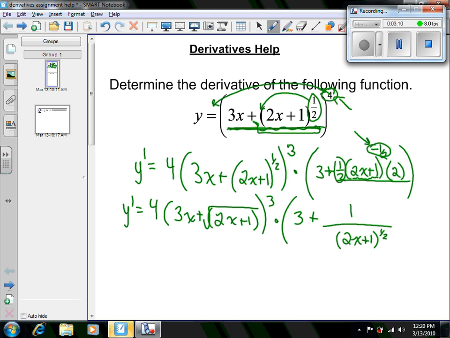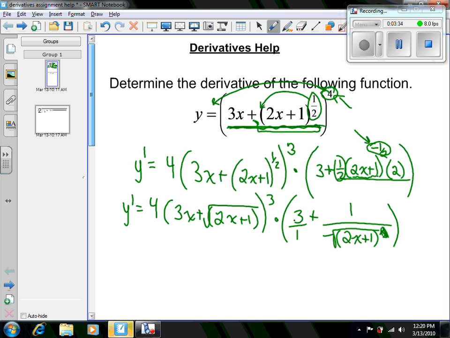Now this is 2x plus 1 to the 1/2. That is the square root of 2x plus 1. The only thing you might do further than this is to get a common denominator, make 3 over 1, have the same radicals that you see in the second bracket. I don't see much that we're going to gain from that, so we're just going to move on and leave that in that form. That is the slope of the tangent line to the curve at any point.